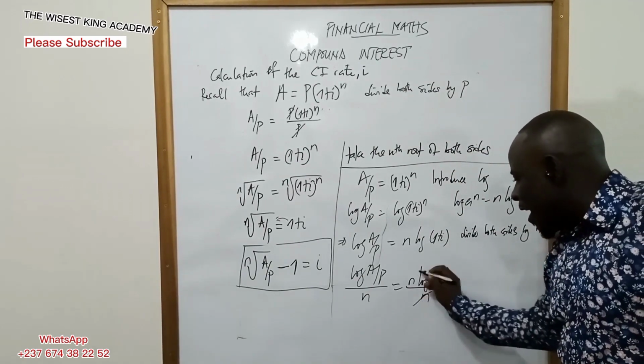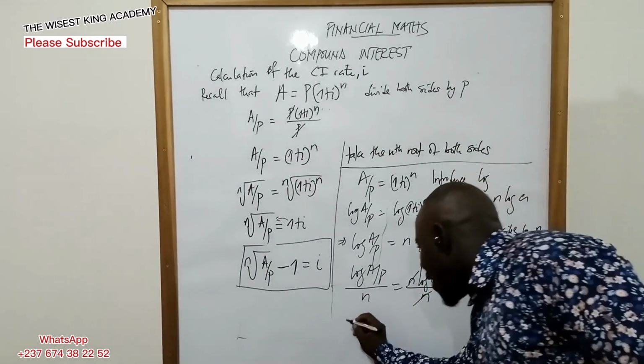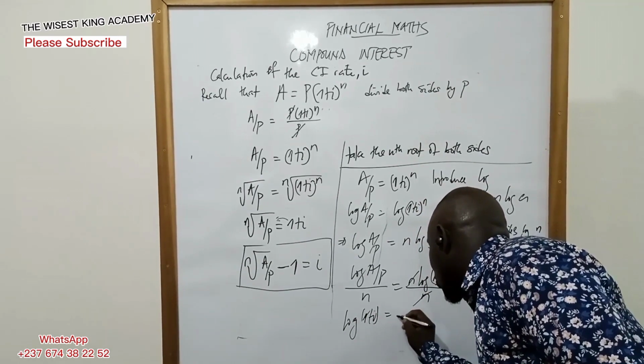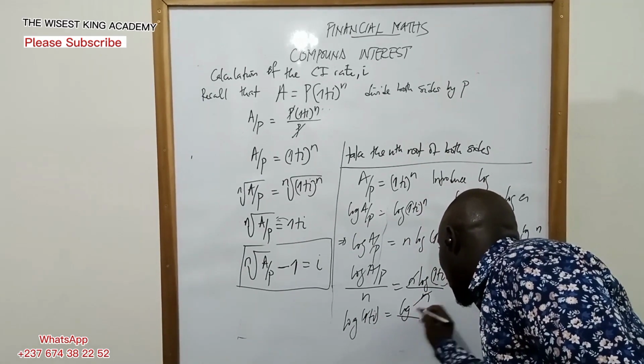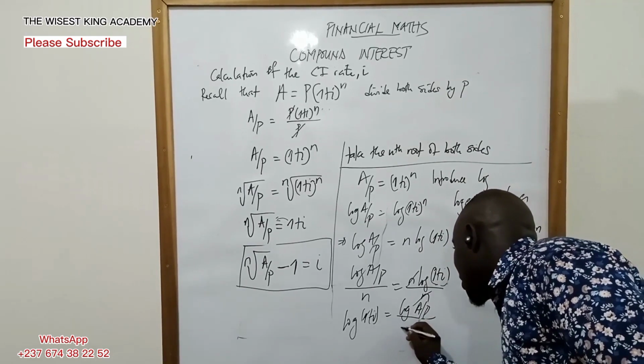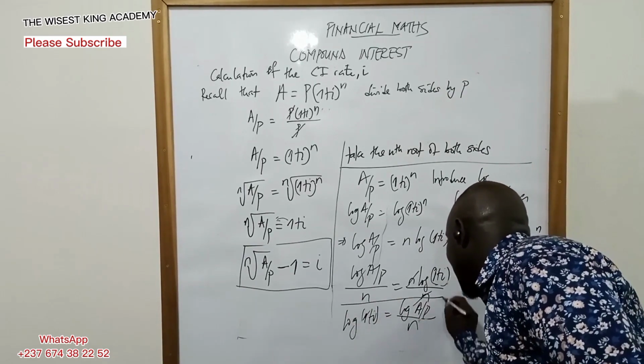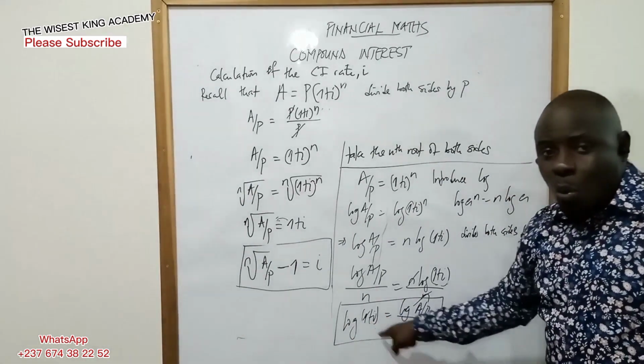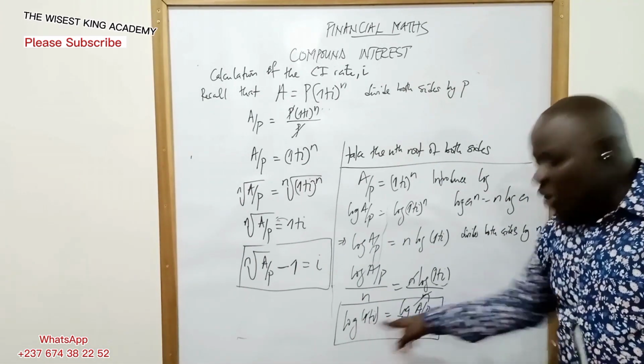So n and n will cancel. So we are going to have log 1 plus I equals log A over P divided by n. That will be your answer.